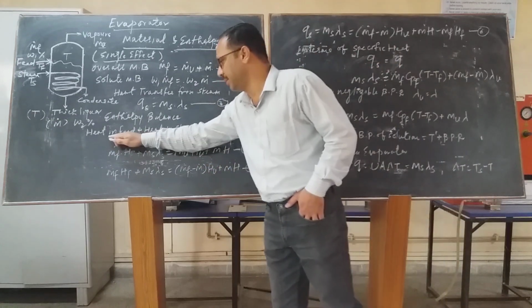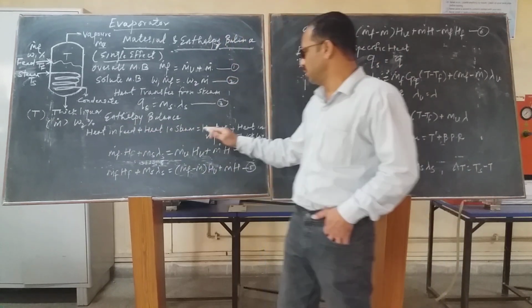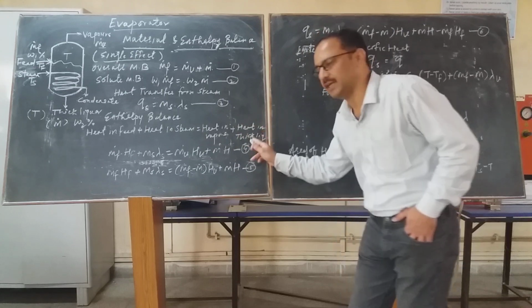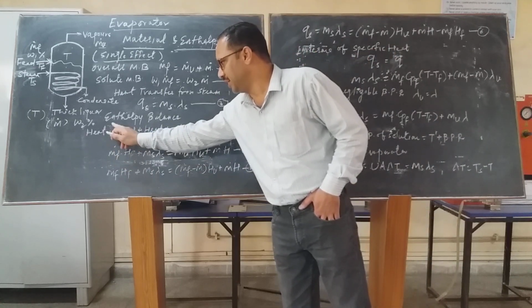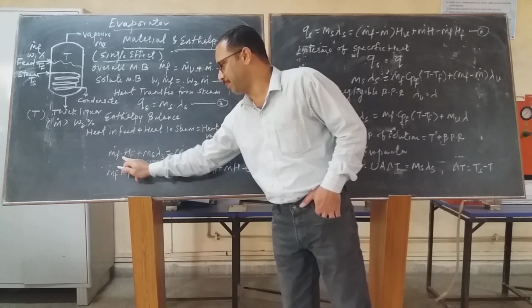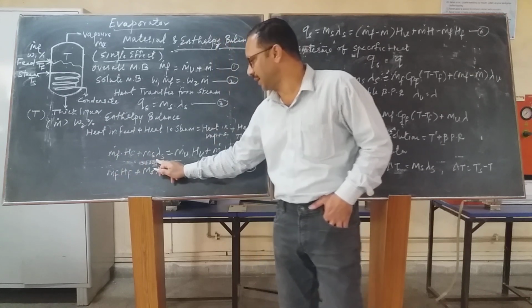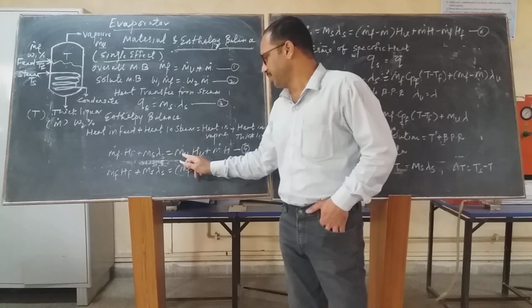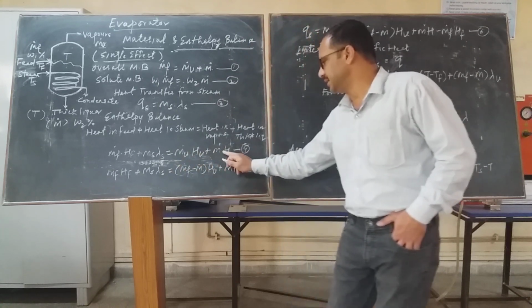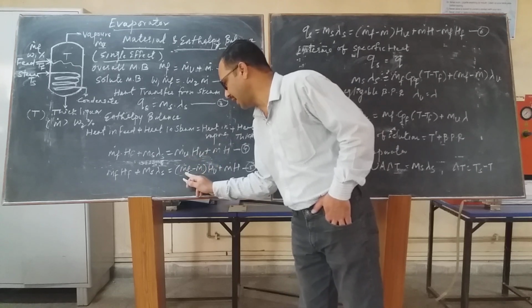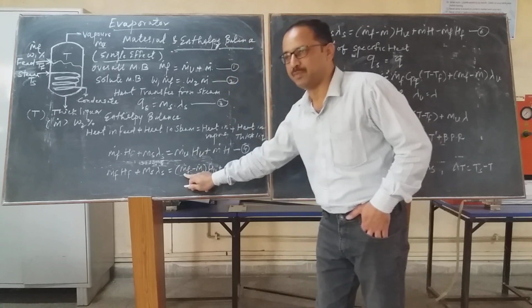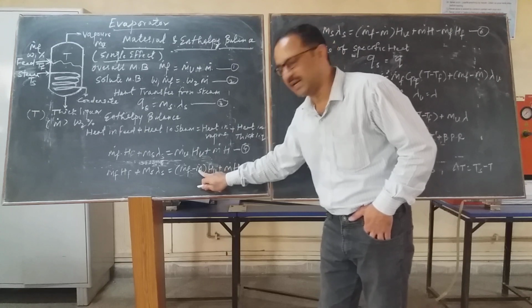So heat in the feed plus heat in the steam is equal to heat in the vapors plus heat in the thick liquor. If I write the equation, heat in the feed is written in the form mF HF plus mS lambda S, that is equal to heat in the vapors plus heat in the thick liquor. We replace mV as the difference between the quantity of feed and the quantity of thick liquor.